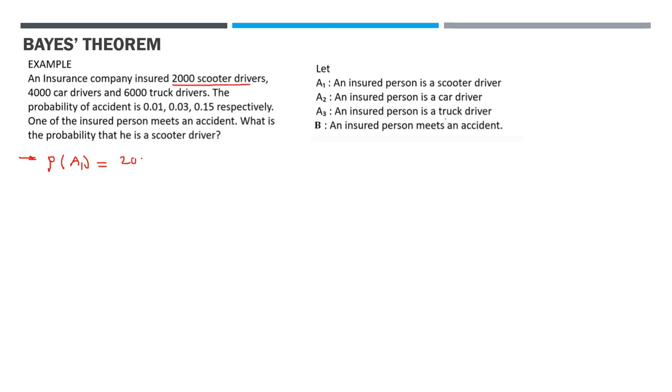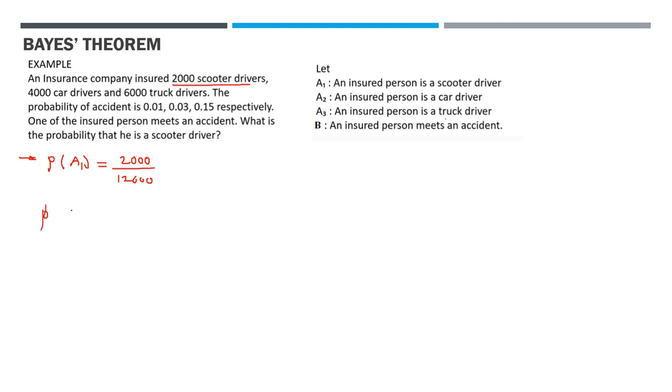Scooter drivers are 2000, and the total is 6000 plus 4000 plus 2000, which is 12,000. So out of 12,000, we have 2000 scooter drivers.